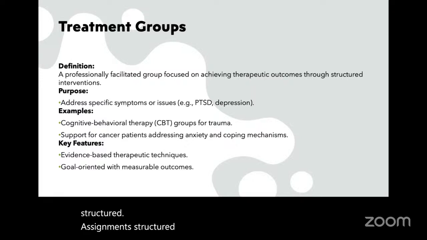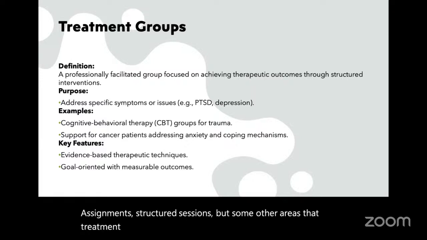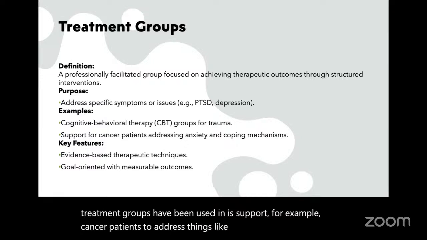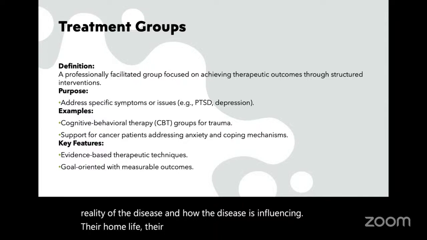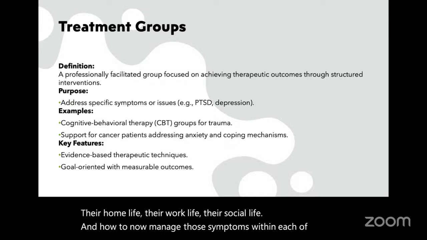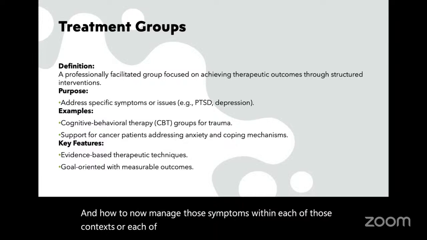But some other areas that treatment groups have been used in is support, for example, for cancer patients to address things like anxiety and coping with the reality of the disease and how the disease is influencing their home life, their work life, their social life, and how to now manage those symptoms within each of those contexts or each of those domains.